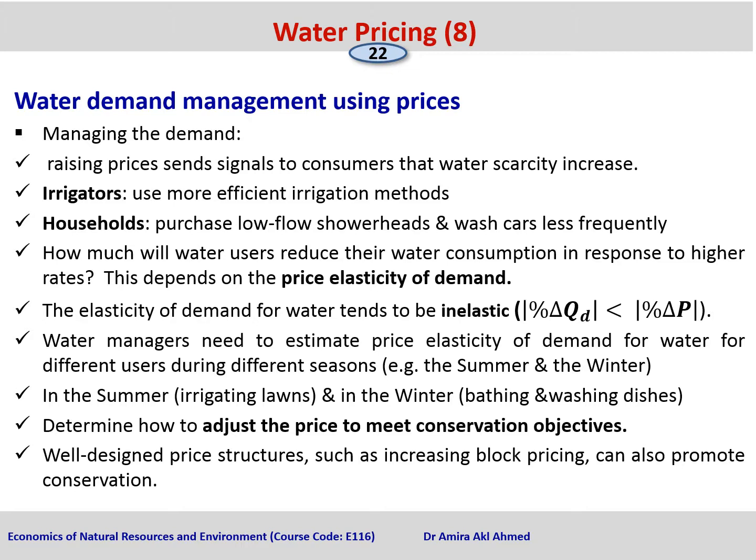So in the summer, households can more easily reduce water use in response to a price increase. Thus, a well-designed price structure such as increasing block pricing can also promote conservation.